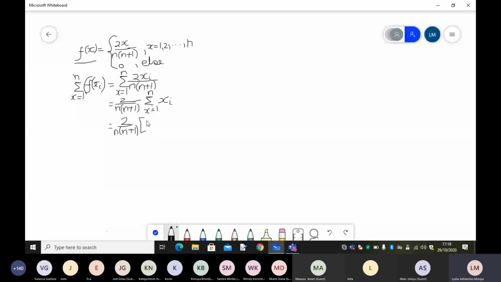So it means we will have 1 plus 2 plus 3 plus dots, plus the last value of x, which is n.